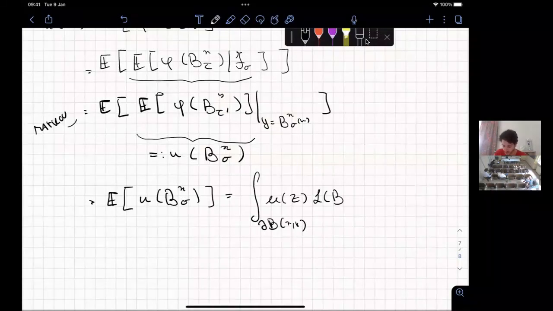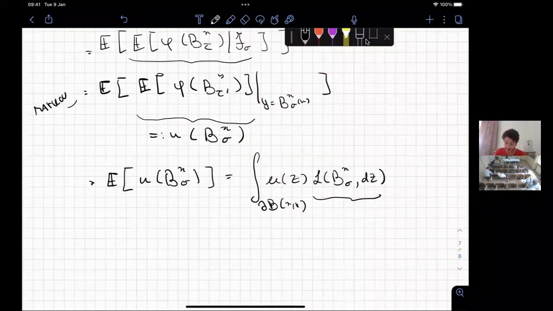This is how people write down the expectation. But if you go back to the very first lecture, this is the harmonic measure of the border of a sphere, starting from the center. And thanks to the symmetry property of the Brownian motion, this is the normalized Lebesgue measure on the spherical border.